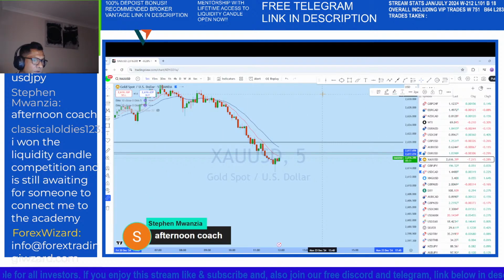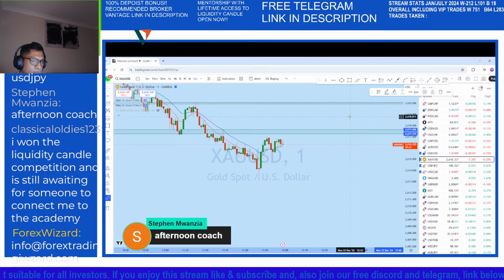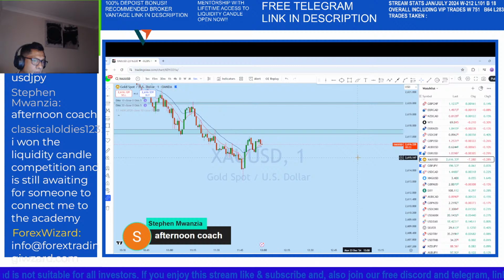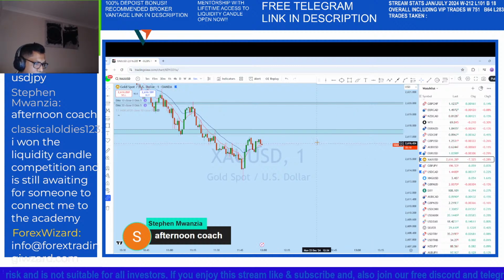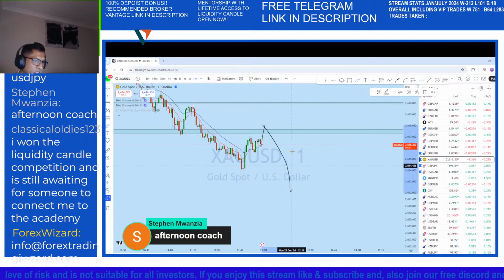Some lower time frame price action. So here is, expecting it to move back up to the resistance and then to drop again.